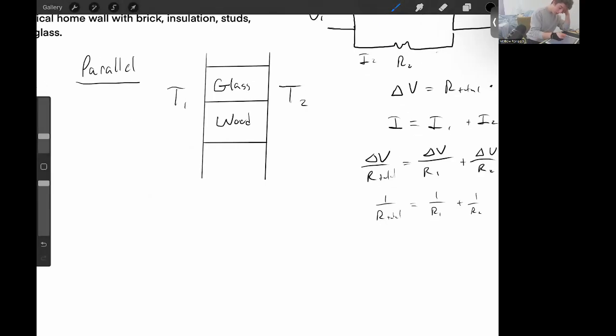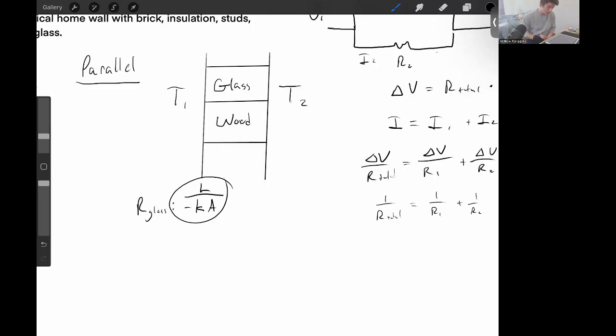So let's say we have glass, and we want to find the resistance of glass. Well, the resistance of glass is going to be the negative thermal conductivity of the area under the length of the system.